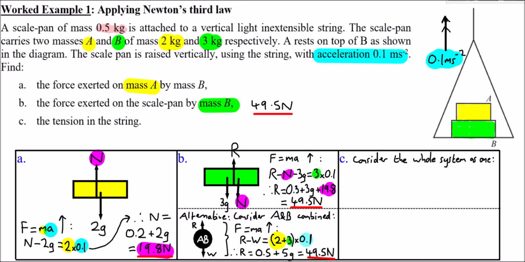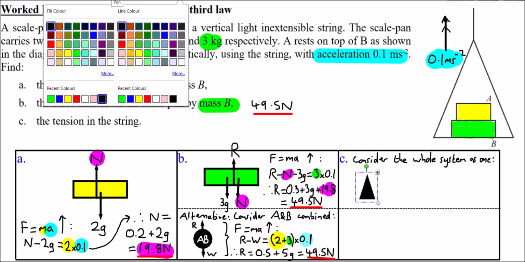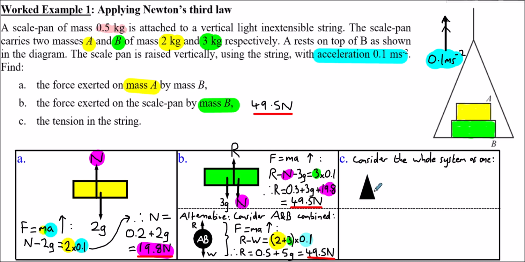And if we did that, what we'd have is the scale pan, which would be obviously triangular in shape. So I'll get this filled in, just have that as a black colour. So obviously going down on the scale pan, anything going down on it is the weight, and going up, acting upwards on the scale pan, is obviously this tension in this string.